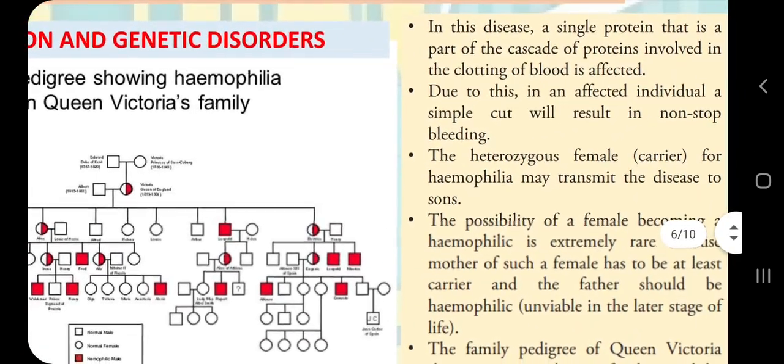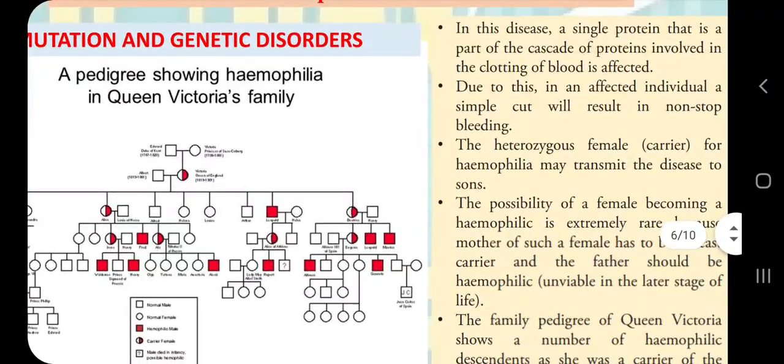Now, why does this disease happen? In class 11th biology, in the topic blood circulation, we learned that blood clotting is a very complex mechanism that involves many proteins and a series of events called a cascade. In this disease, a single protein that is part of the cascade involved in the clotting of blood is affected.